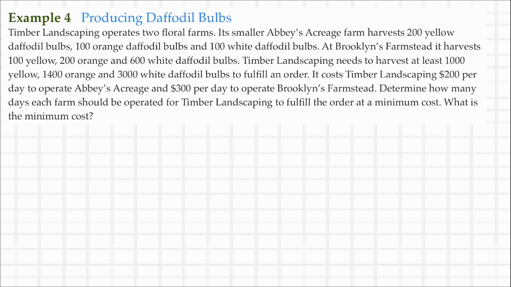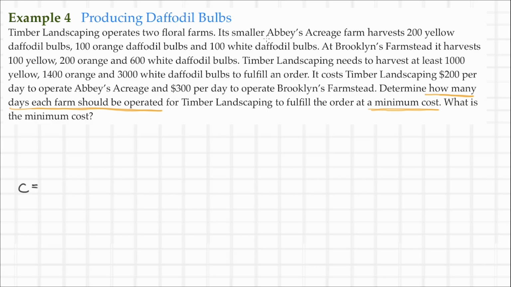Of course, the first thing we'll want to do is determine the objective function. We know that we are looking for a minimum cost, so we're going to use the variable C for cost. We want to determine how many days each farm should be operated in order to maintain that minimum cost.